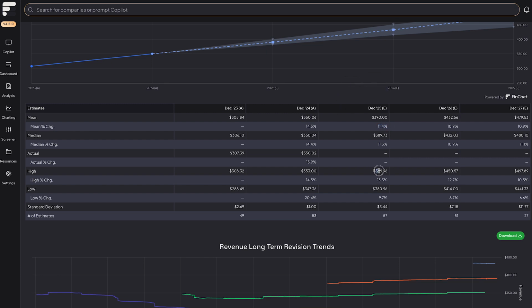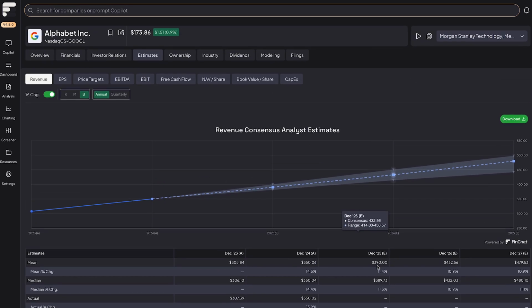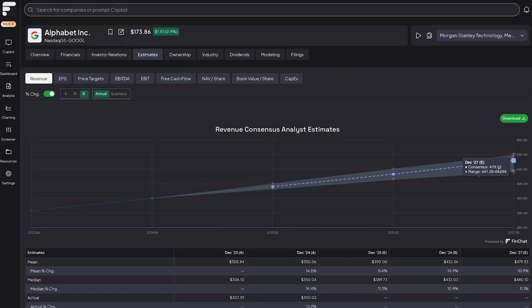The high end of the estimates is just under 400 billion, and then the low end of the estimates is 380 billion. So that would represent just under a 10% gain from the previous year. And there's 57 analysts looking at it, and generally speaking, when 57 analysts are making a call on something, then it tends to be correct. And I can look at 2027.